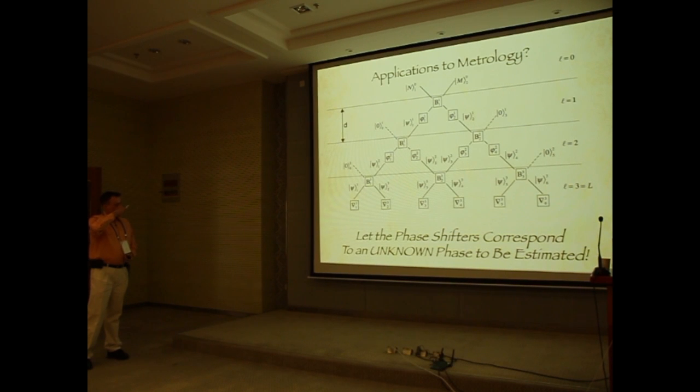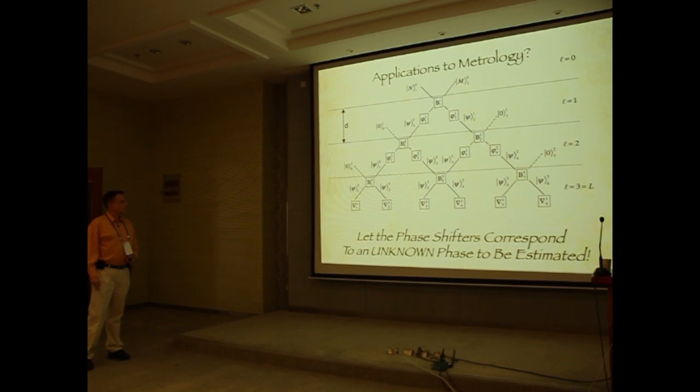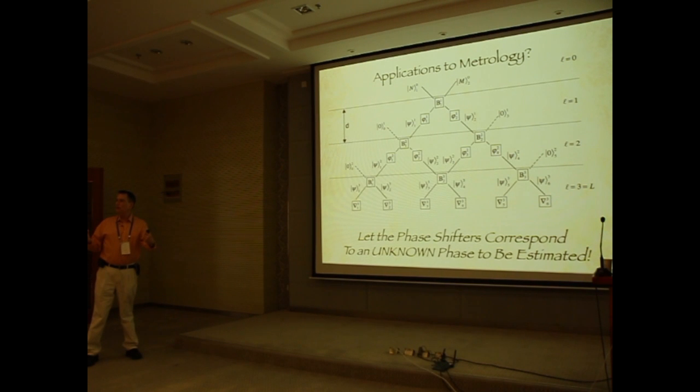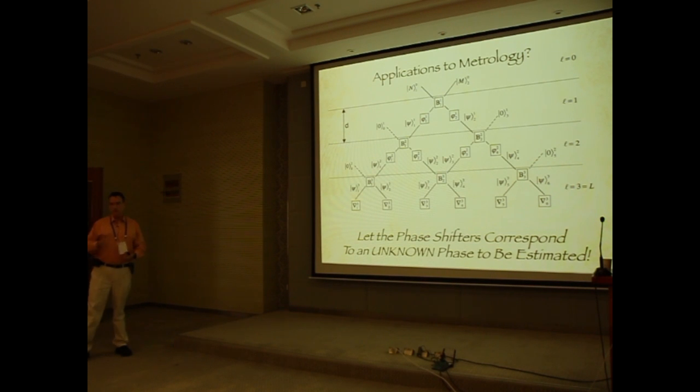So I actually submitted a couple of proposals to NSF and the Army Research Office making the following claim: that we're producing huge amounts of number path entanglement inside of the interferometer for free, without doing anything. NOON states require some heralding, some Kerr nonlinearity, something to make them that way, and so they're resource intensive.